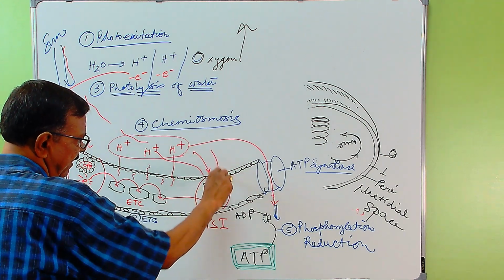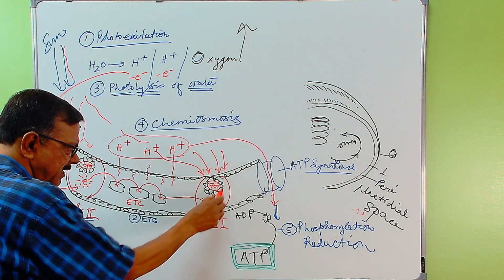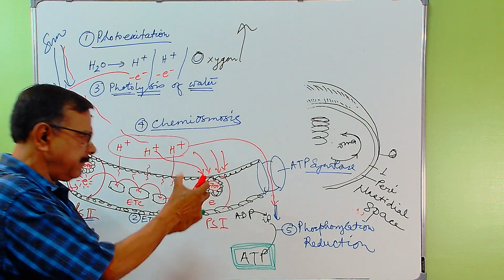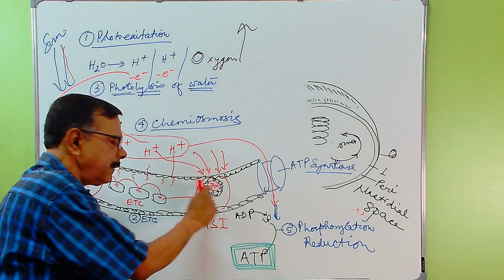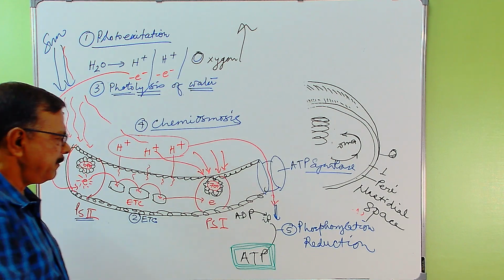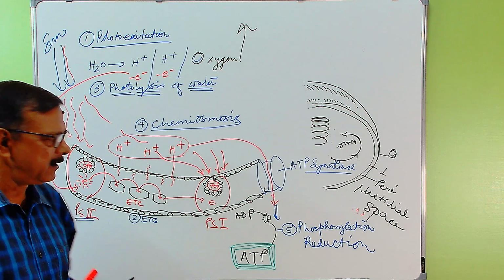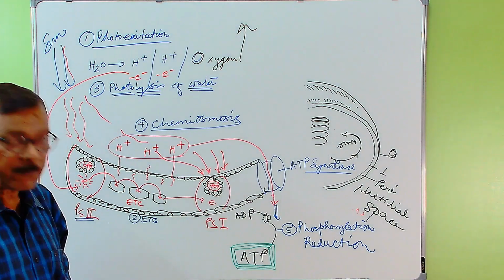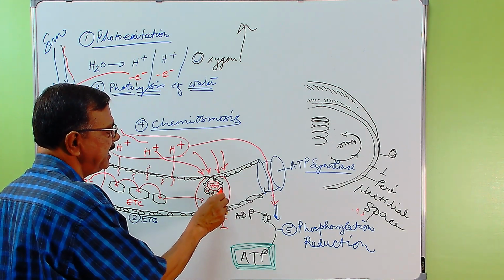So here light, that is photon, is falling over here itself. So the antenna molecules or light harvesting molecules are harvesting or trapping the photon here. They are absorbing at 700 or below 700. They are absorbing the light energy, that is photon.